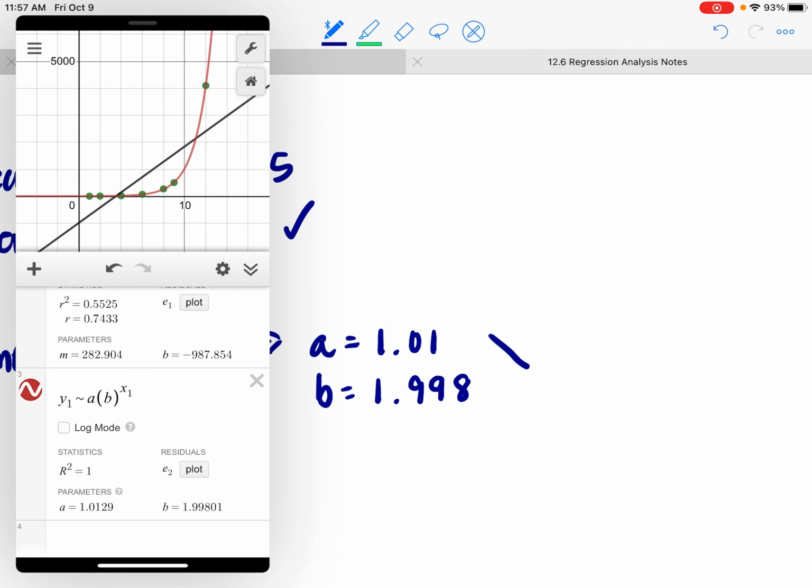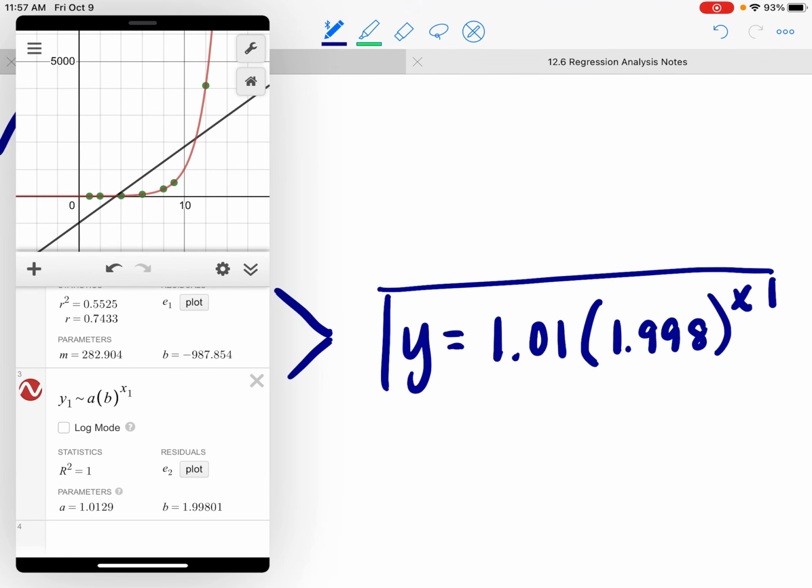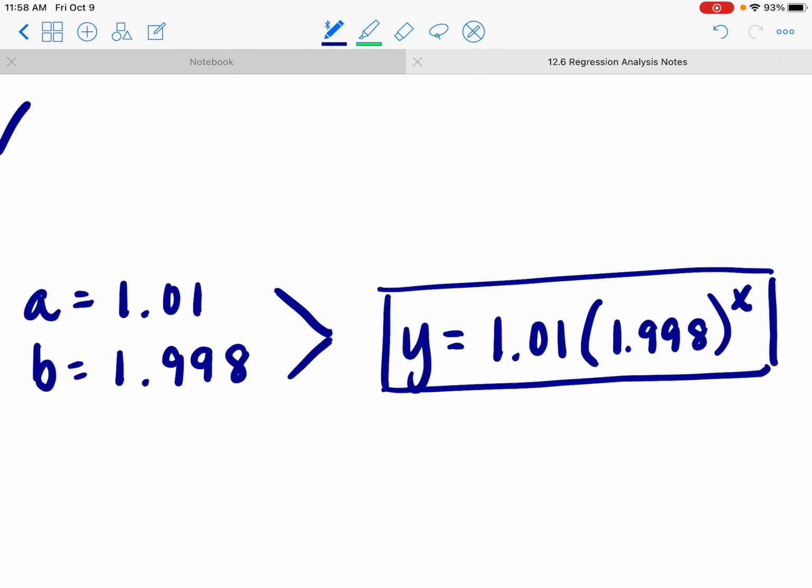So we're going to put these together and say that our model is y equals a, which is 1.01, times, in parentheses, b, which is 1.998, raised to the xth power. So that is our exponential regression model, or an exponential regression equation, or an exponential curve of best fit. So lots of different ways to name that.